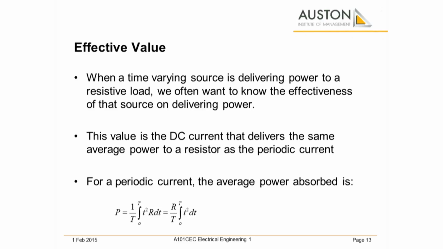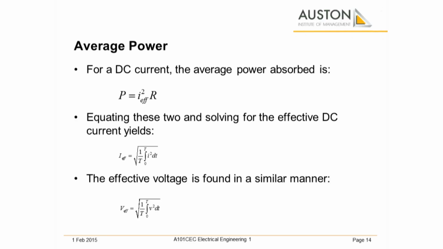For a DC current, the average power absorbed is calculated as I square multiplied by R. The effective DC current in an alternating source is calculated by the square root of the average of the current square over 1 period.